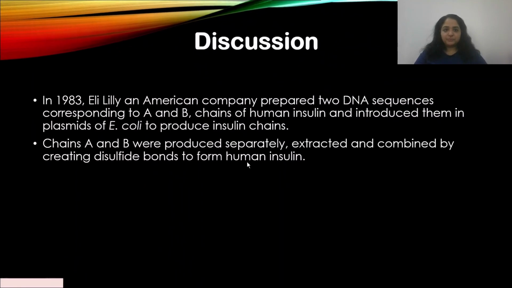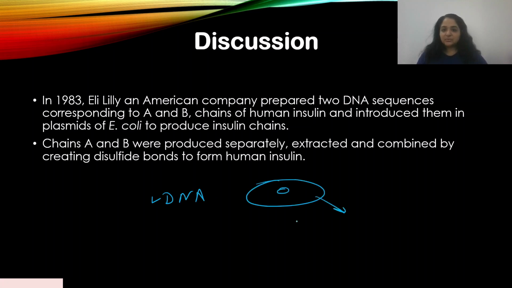So what they did, we discussed this, is they created the rDNA and introduced it into the E. coli. Then this E. coli was able to produce the A chain and the B chain.